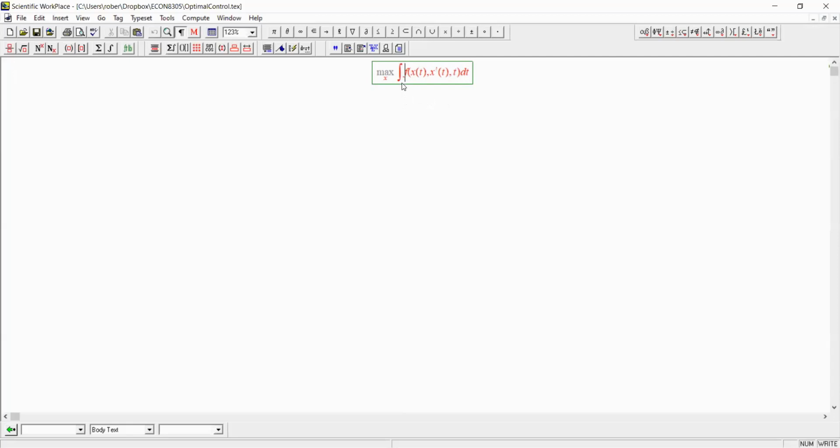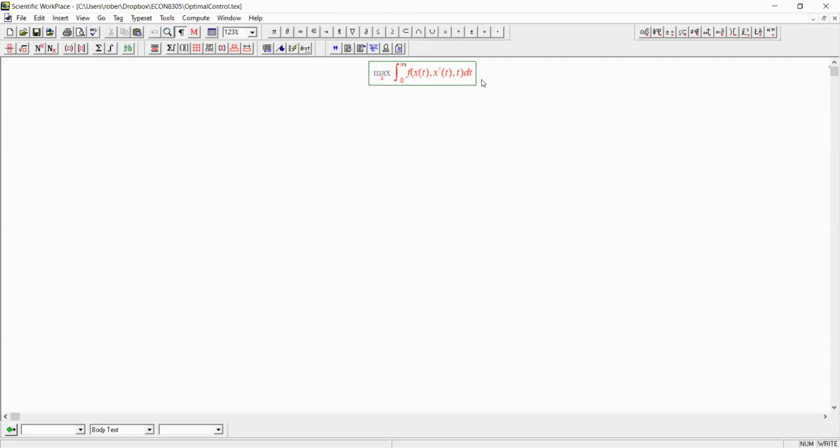over some time interval. In principle, that time interval could go from, let's say, 0 to some finite date t. But what we're going to do, because this is going to be relevant to many economic problems, is say that this is infinity. And where relevant, we'll discuss how having finite horizons might change anything.